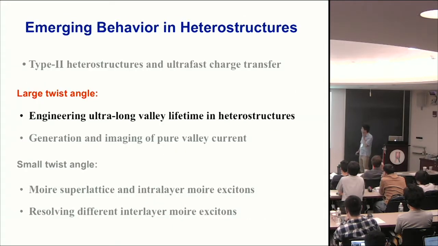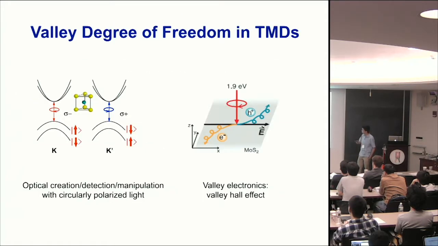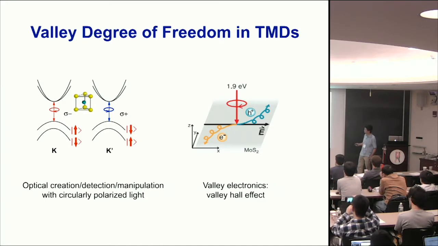Okay. So it turns out that this ultrafast charge transfer actually can be quite useful in several aspects. In particular, it allows us to engineer the valley lifetime in the heterostructure, as I will show you. So let's come back to this so-called valley degree of freedom. As I mentioned, you have this valence band split into two due to spin orbit interaction.